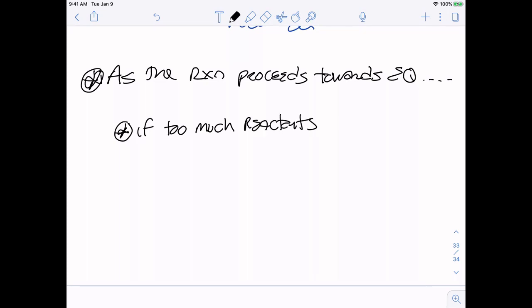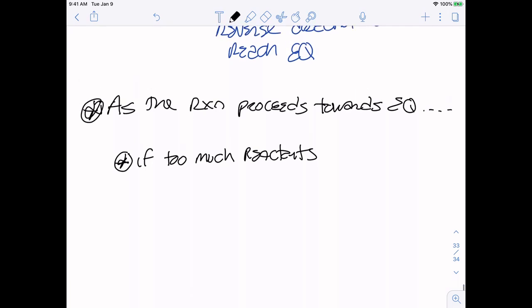Remember our reaction quotient, Q, I'm just going to write it up here, is going to be products over reactants. So either concentration if we're solving it in terms of molarity, or pressures if we're solving it in terms of partial pressures, but it's still going to be products on top, reactants on the bottom. So if we have too much reactants, I know that Q is going to be too small, right? Because my number on the bottom is much larger than it needs to be. So Q is going to be much less than 1.